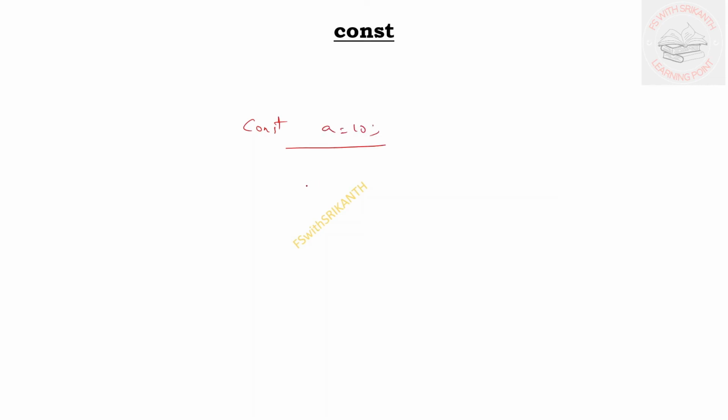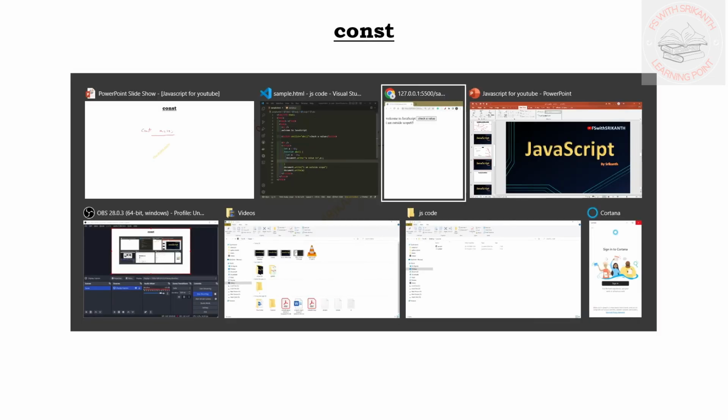You noted that once we declare one variable with the const keyword, this a value will never be changed. Means this a variable value would be fixed. It is never updated, never modified. The const variables are never modified.